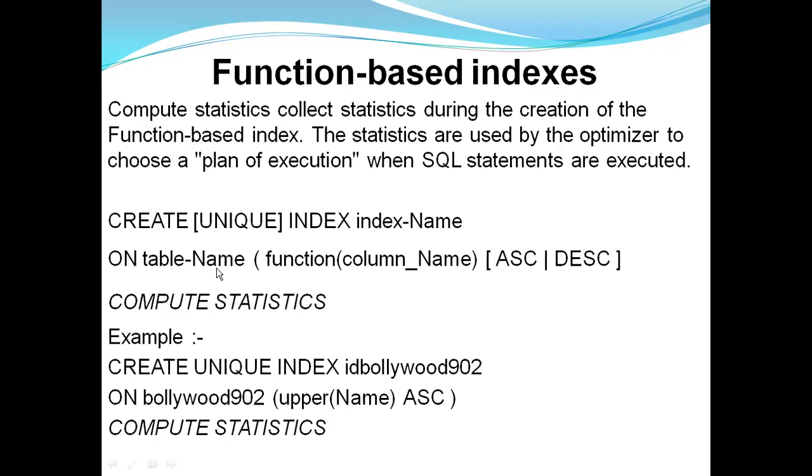Previously, we have seen that we directly put the column and use either ascending or descending, but here we choose a function. Once you choose a function before the column, we have to use a keyword called compute statistics.